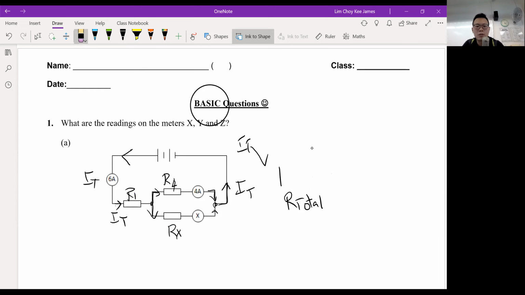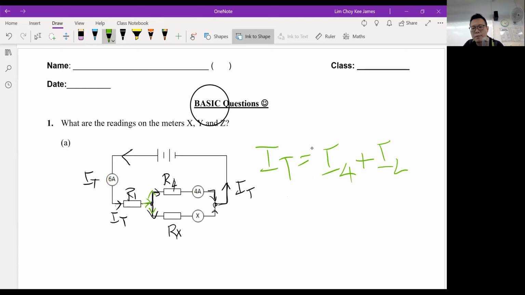Inside the branches is a basic splitting of current. The current IT flows here and splits into two paths. In simple mathematics, IT is the combination of I4, the current in resistor 4, plus the current flowing across resistor X.